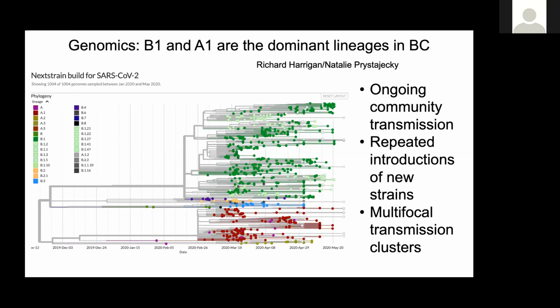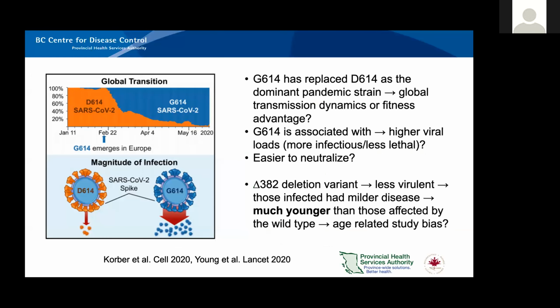And what's interesting is that the B1 lineage correlates with European strains, and the A1 strain correlates more with US strains.